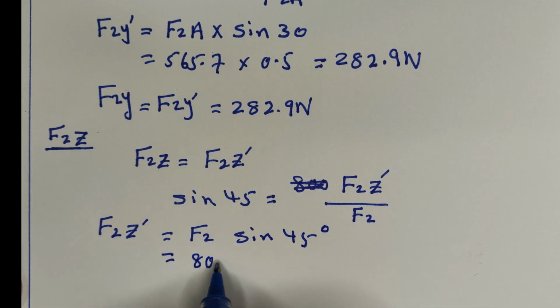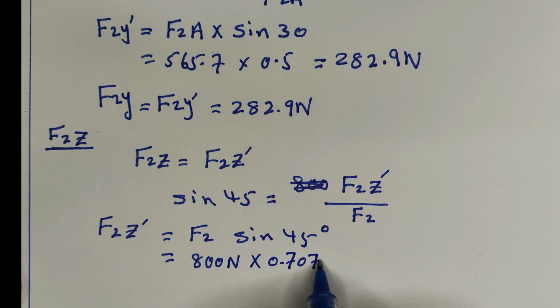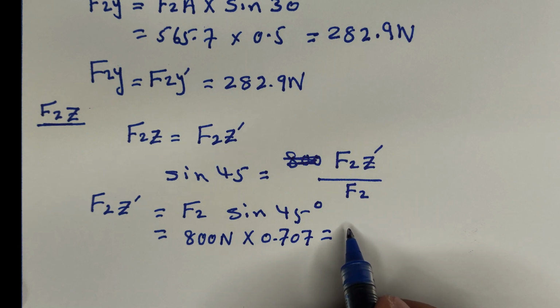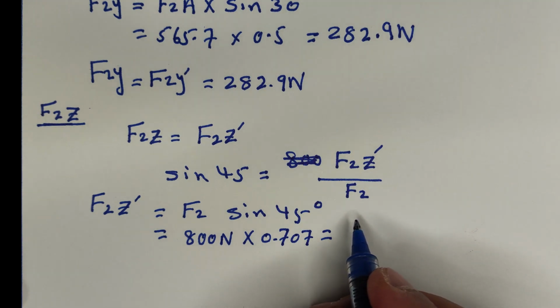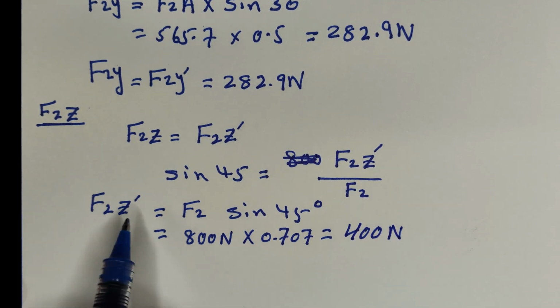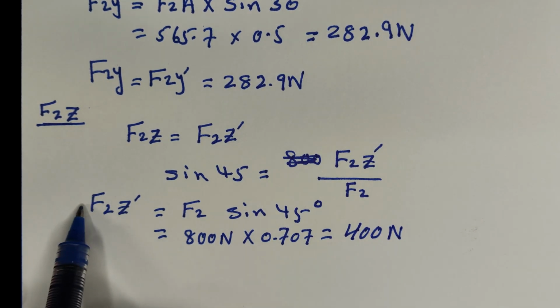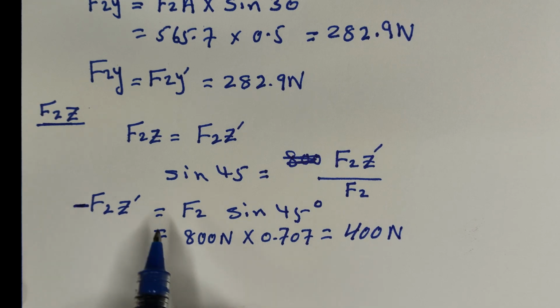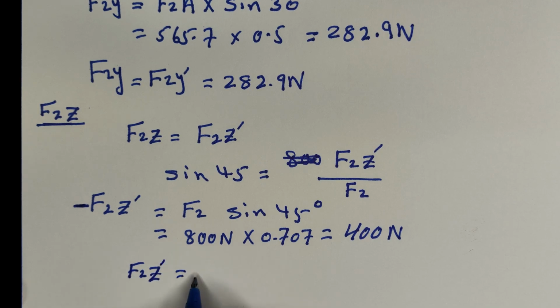F2 itself is 800 Newton, sine 45 is 0.707, and that should equal, I think, 400 Newton. But F2 on the z dash is negative because it's in the negative direction. Therefore, F2z dash is equal to negative 400 Newton.